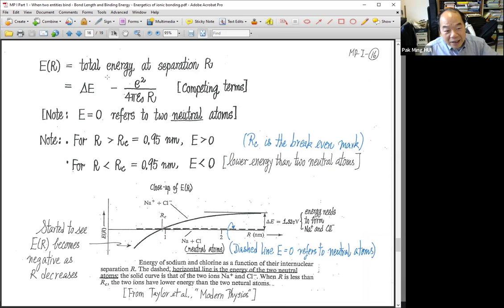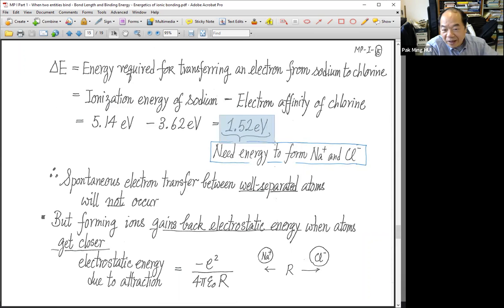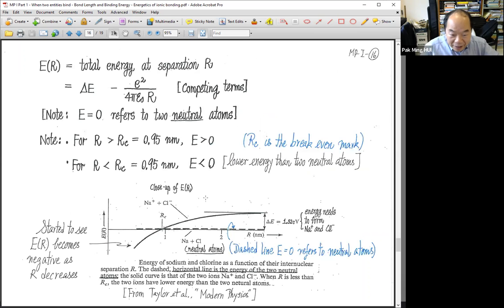You set R to be RC and equate it to delta E, which is this thing. In a curve, it's like this. You need this much energy in order to form sodium plus and chlorine minus when they are far, far away.